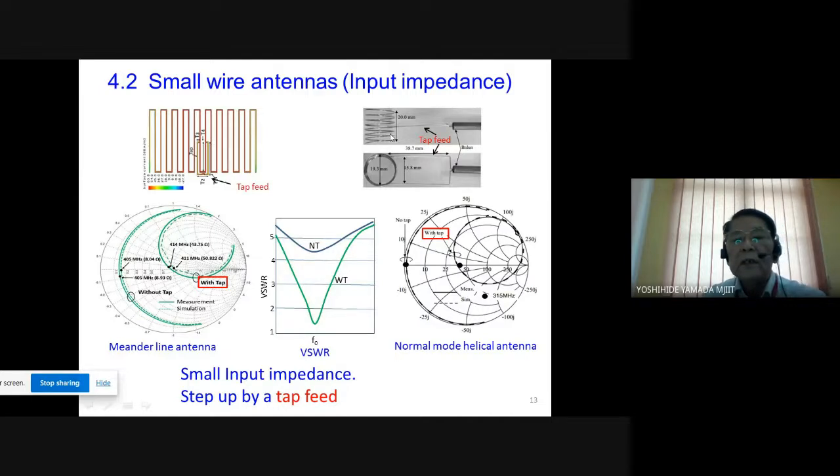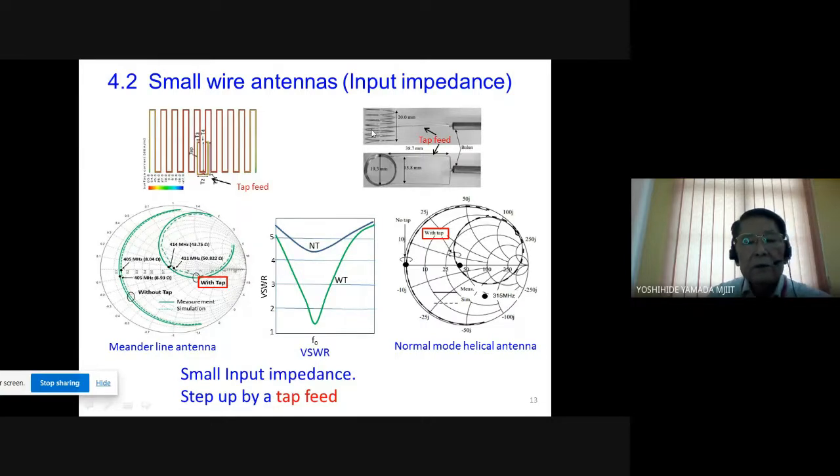And in the case of the normal mode helical antenna, if we feed here, the input resistance becomes very small. So in this situation, if we measure the VSWR, this is far from 50 ohm. This is also far from 50 ohm. So VSWR becomes like this one. So we cannot correctly measure the VSWR characteristics of this original antenna.